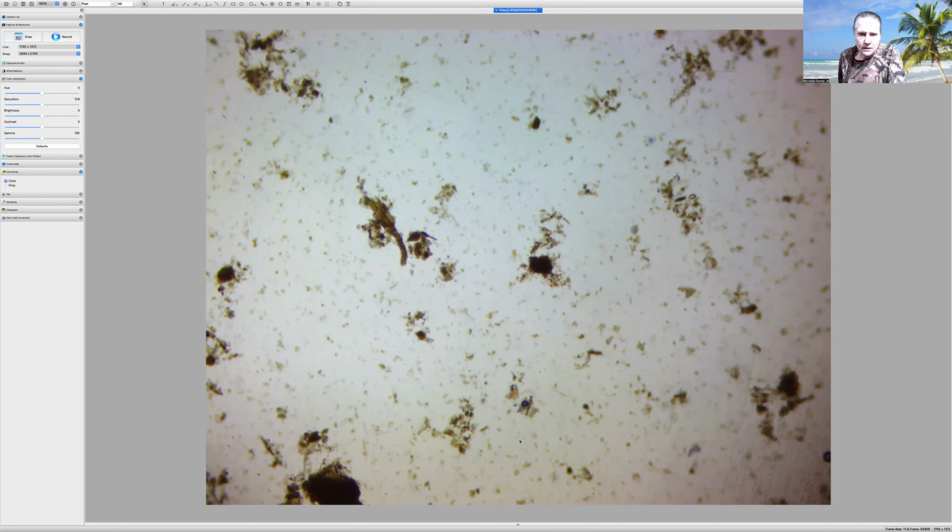Right here, I'm at 40 total magnification. Here's a nematode. I see something zipping around really fast up here and over here. Those are low oxygen indicators, more over here and over here.